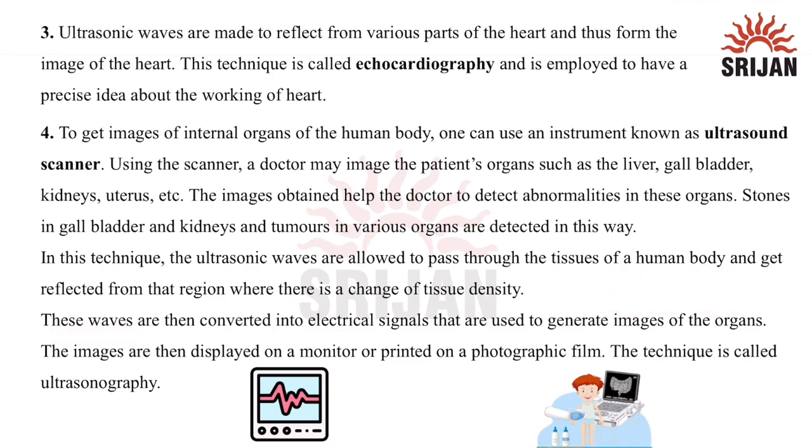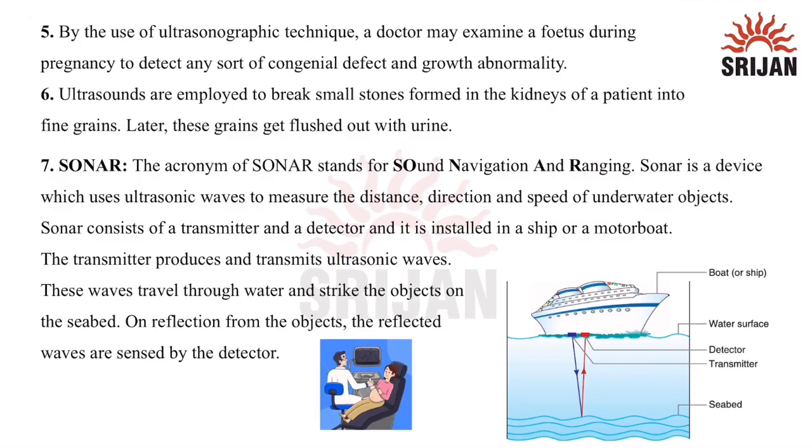These waves are then converted into electrical signals and used to generate images of the organ on the display. The images are then displayed on the monitor or printed on photographic film. This technique is called ultrasonography. By the use of the ultrasonographic technique, a doctor may examine a fetus during pregnancy, as you can see in this picture, to detect any congenital defect and growth abnormality.